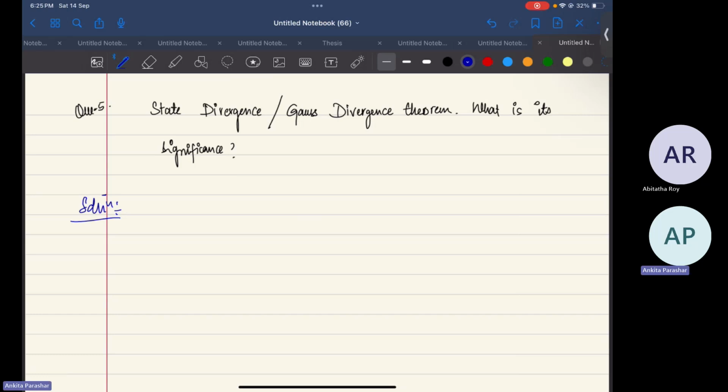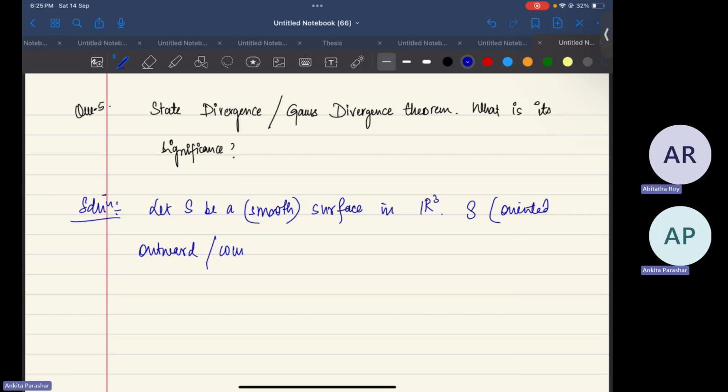Yeah. So let S be any smooth surface in R3. I will tell you later what that surface is. Assume that S is oriented outward, or sometimes people call it counterclockwise.